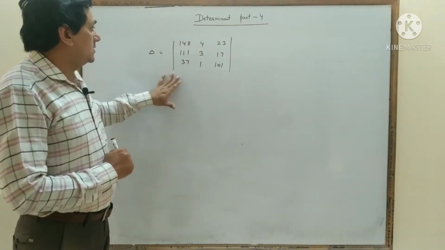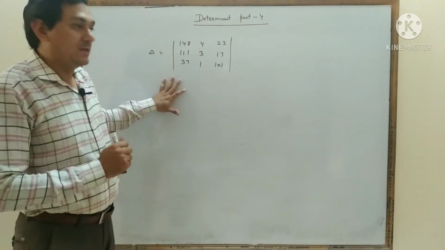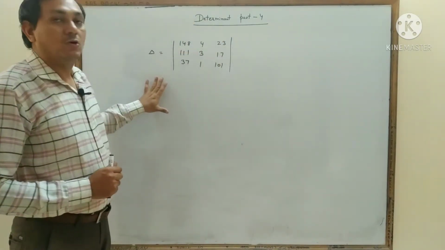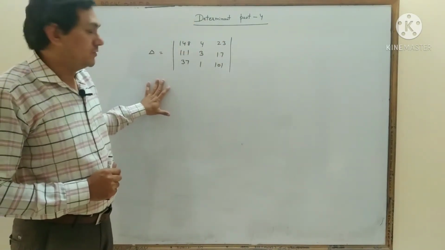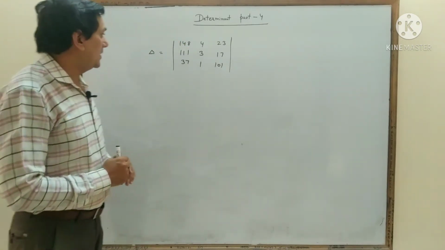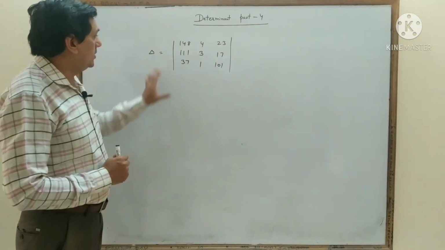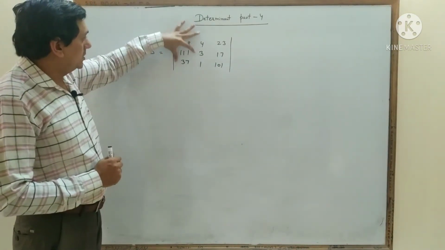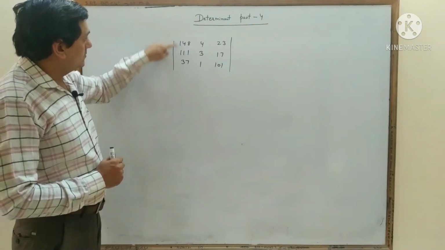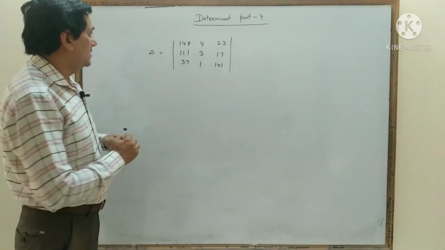Even if it is not asked in the question without expanding, still we feel that it will take a lot of calculation work to determine its value. Now, by the use of properties, if we take this column, we can see that the whole column elements are divisible by 37.